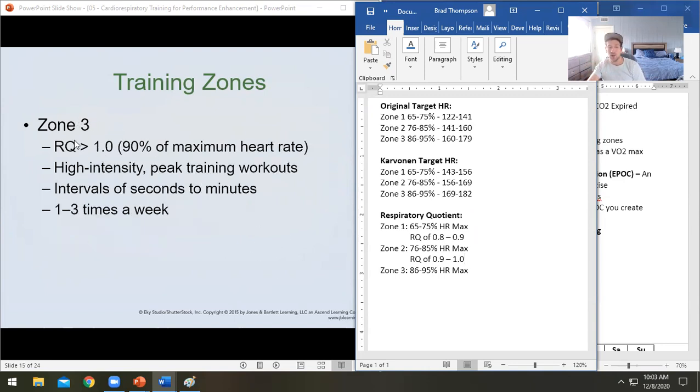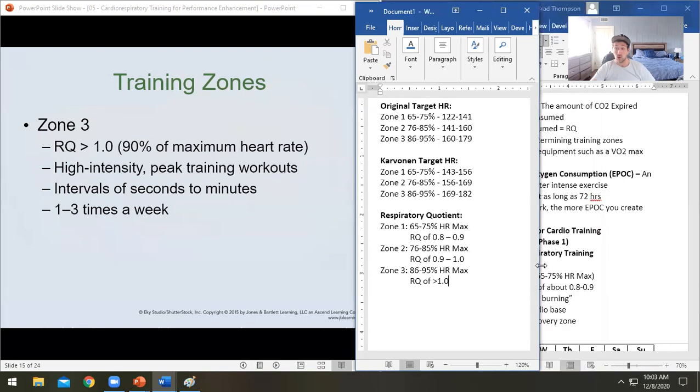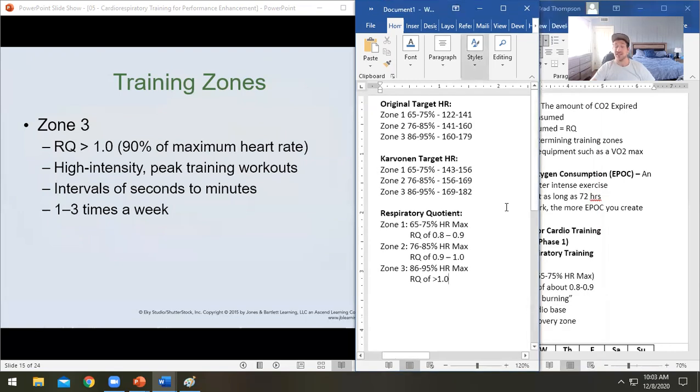And then we see this zone 3 here, and this is kind of an oxymoron, but this is an RQ, zone 3, which is our super intense zone. This is an RQ of greater than 1.0. Now, how the hell can you consume more than 100% oxygen? You really can't. But what they mean when they say it's greater than 1.0 is that literally you are without oxygen.